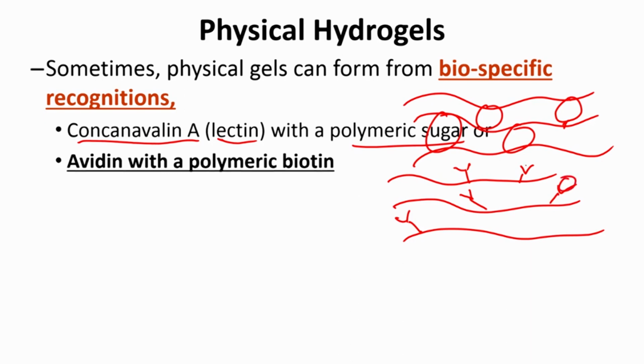The biotin will bind this as well as take another avidin from another place and bind to another chain. So that also acts as a cross linker for avidin modified polymers. Both of these are fairly feasible, and there are several systems out there. These are just two examples I am giving you right now, but something like that can progress.